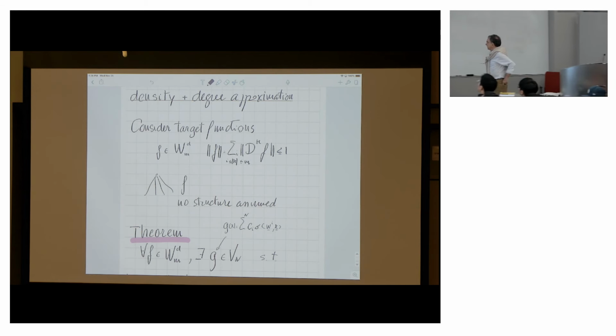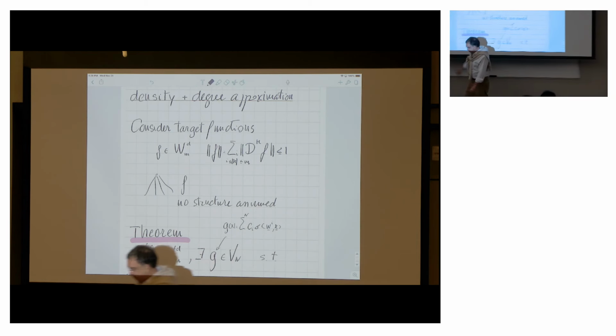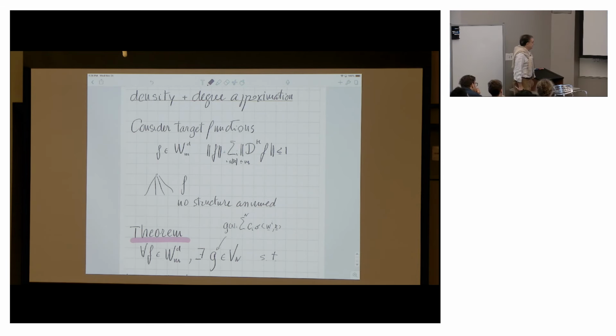In fact, we can have a theorem here, and now I'm putting some more structure on the function I want to approximate. They're continuous, but they're also in a Sobolev space, so they have some smoothness.